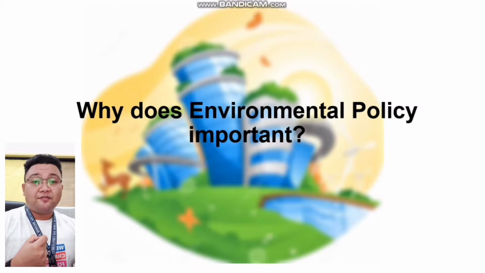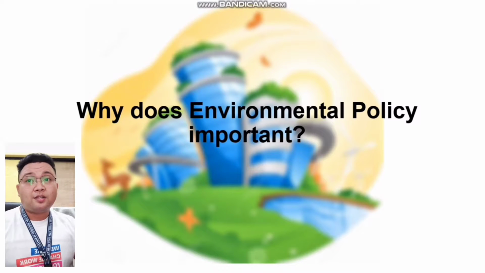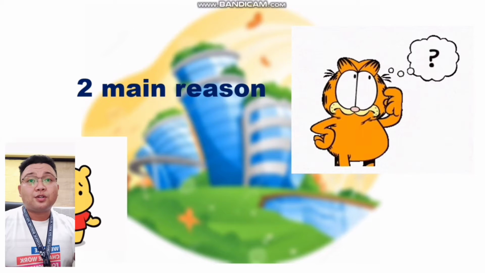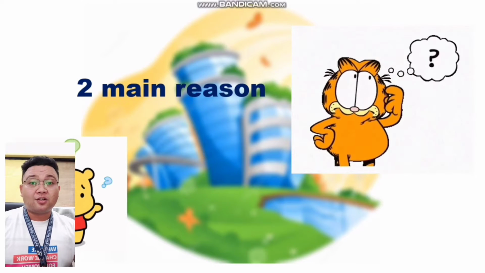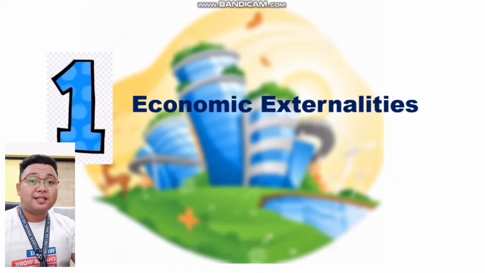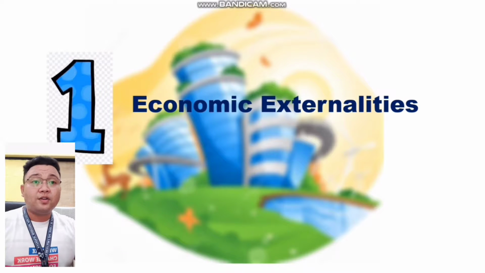Since environmental values are rarely considered in corporate decision making, environmental policies are required. There are actually two major causes for environmental consequences. First and foremost is economic externalities. Polluters are rarely held accountable for their acts, and harmful consequences are often felt elsewhere or in the future.